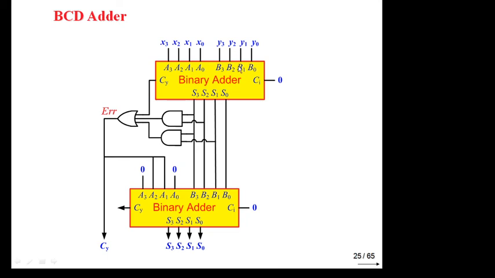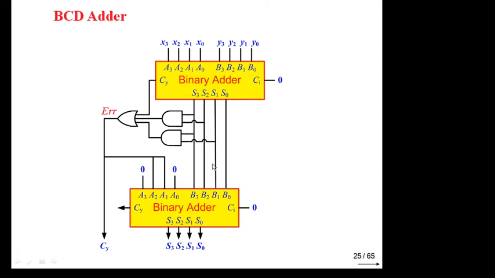Suppose there are 2 BCD numbers, x3, x2, x1, x0 and y3, y2, y1 and y0. Initially carry is 0. When you are adding, the result is S3, S2, S1 and S0. This is for when you are simply adding 2 BCD numbers. Now you have to check if the result is greater than 9.